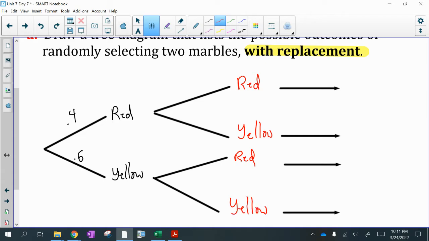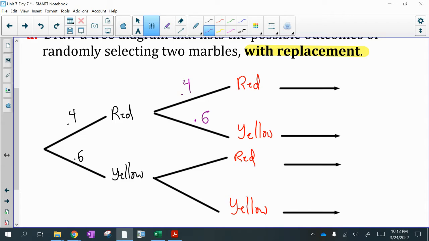And now again, I need to list my probability on that particular branch. Because I've put the marble back in, I've replaced my marble, I'm back to having 4 out of 10, so I'm going to say 0.4 there. And I've got 0.6 here.